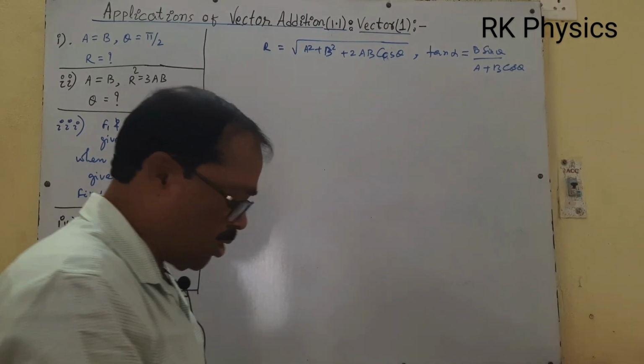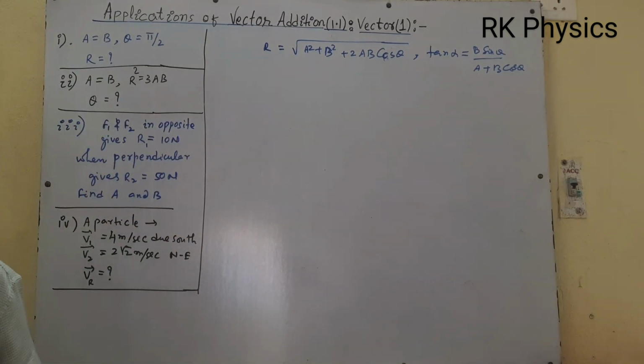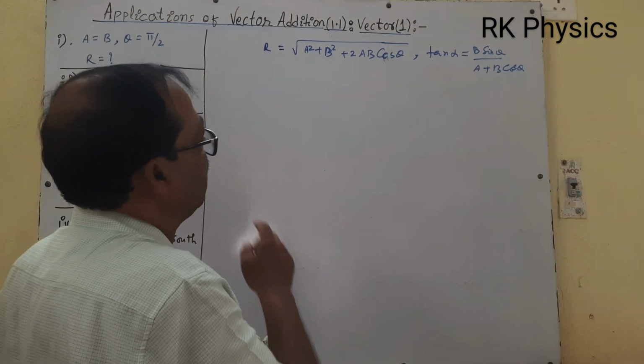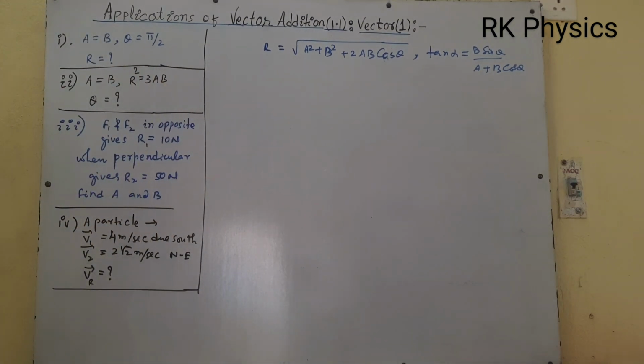What are the conditions? Theta is the angle between A and B, alpha is the angle between R and A, and B is the second vector, A is the first vector.